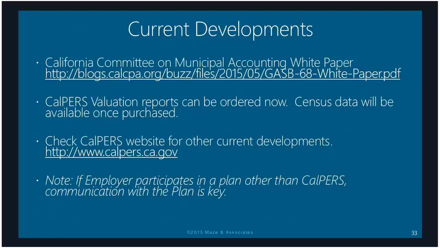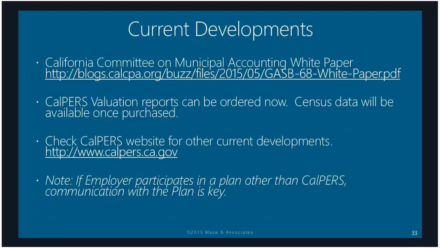CalPERS valuation reports can be ordered now. Employers can request reports through the My CalPERS page. In regards to the fees, CalPERS is charging $2,500 per plan for agent multiple employer plans, $850 per plan for cost-sharing multiple employers, and $350 for school districts.